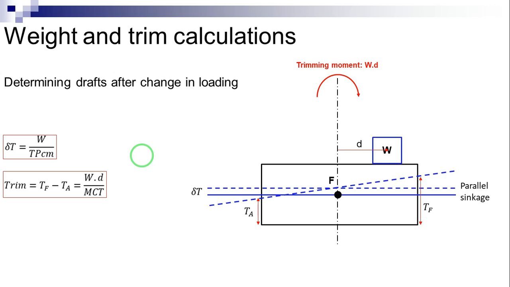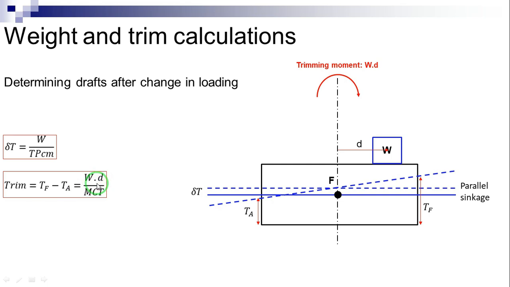It is next assumed that the equivalent item is moved from the center of flotation to its actual position. This would generate a trimming moment equal to the weight of the equivalent item times the distance parallel to the keel from the center of flotation to its actual location. The change in trim would be equal to this trimming moment divided by the moment to trim 1 centimeter.